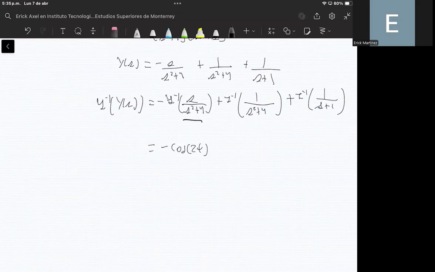Plus, here we have a problem on this side, because we need to multiply the numerator and the denominator by 2. The reason for that is that this looks very similar to the Laplace transform of a sine wave. The problem is that we don't have the omega in the numerator.